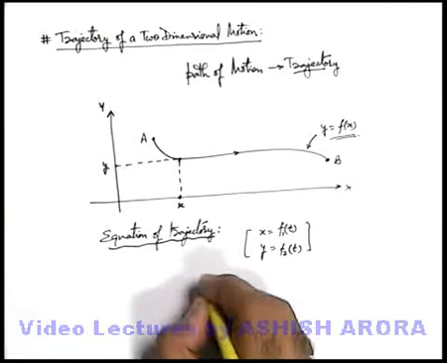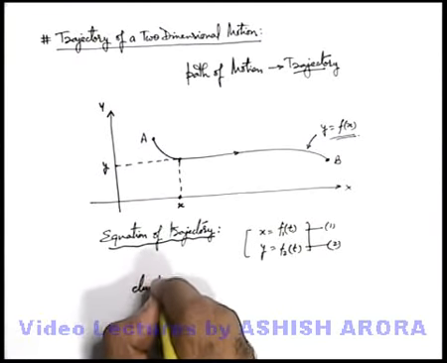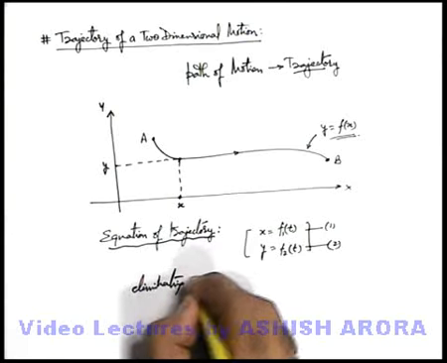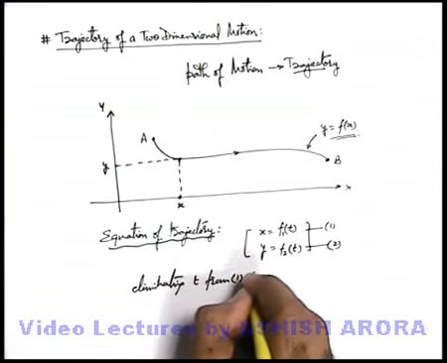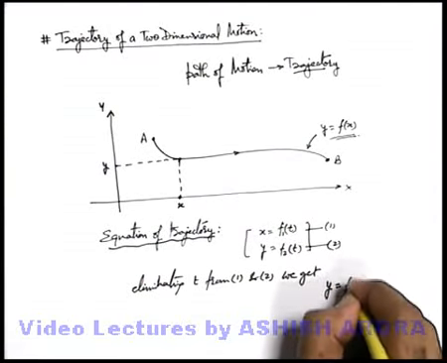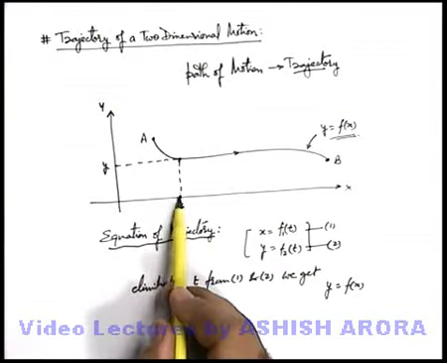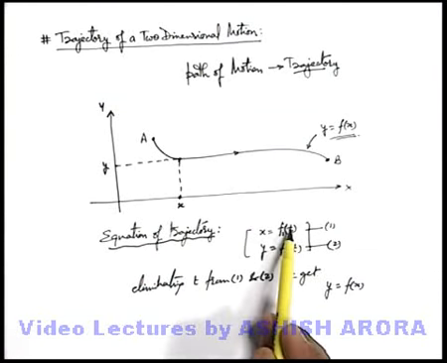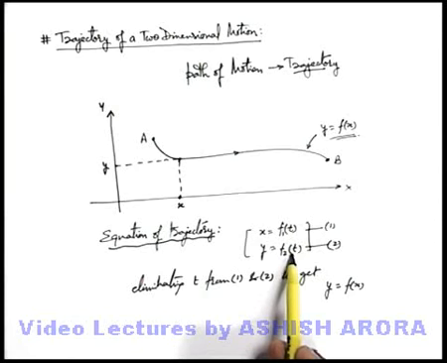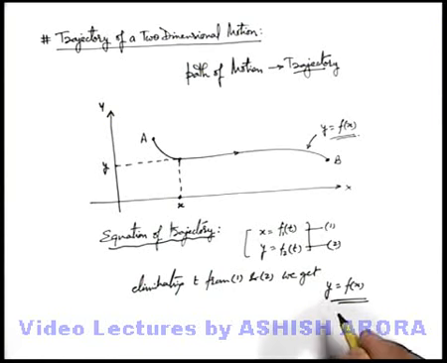In this situation, if we eliminate t from equations 1 and 2, we get the relation y equals f of x. So you just need to express the position coordinates of the particle as a function of time, and then by eliminating t, the time factor, between the two equations, we get the equation of trajectory.